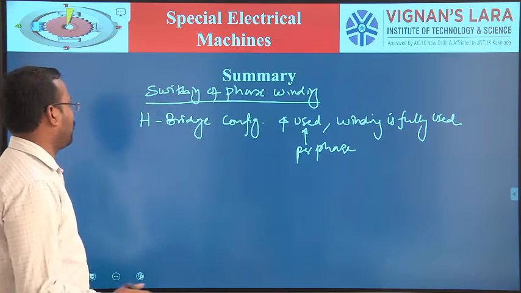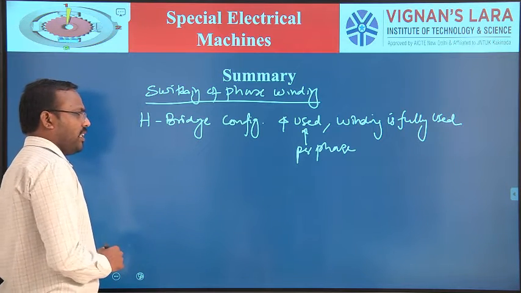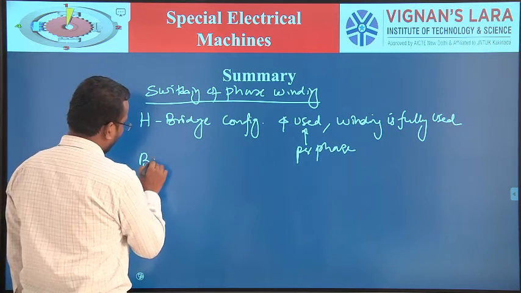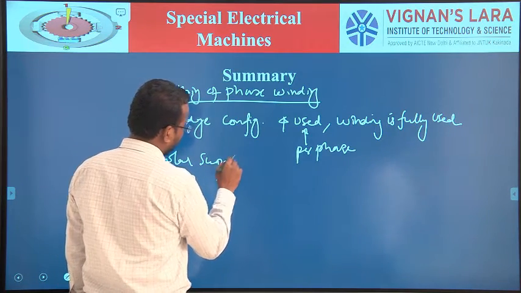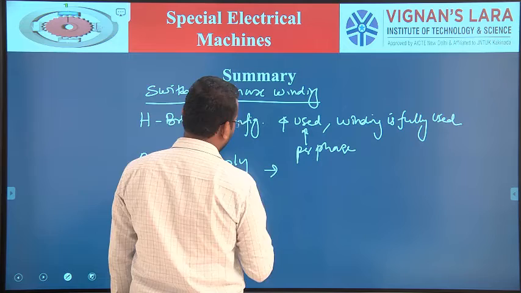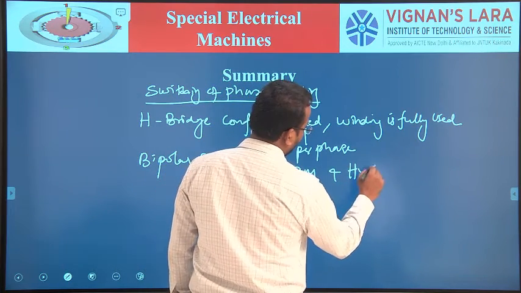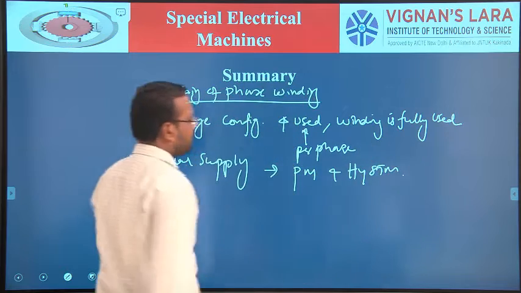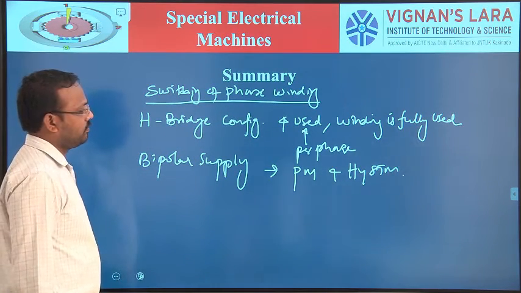Next one is the bipolar supply configuration. This is used for permanent magnet stepper motor and hybrid stepper motor.